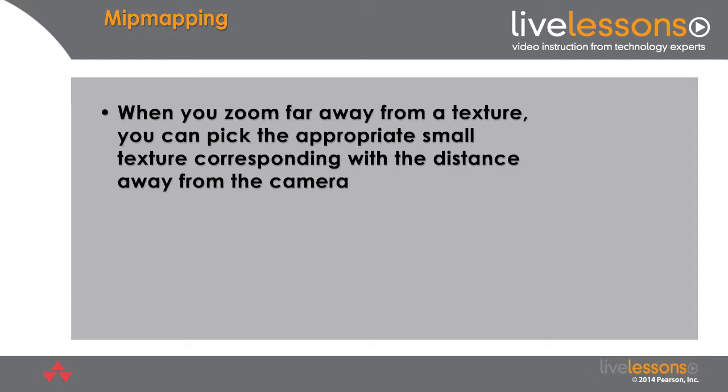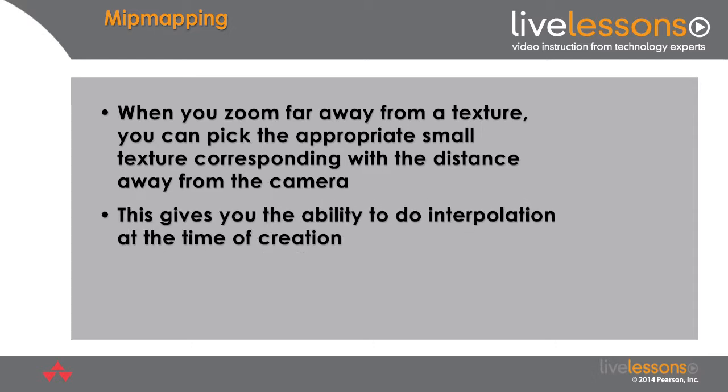But instead of us just blindly or without forethought dropping out texels from the texture, we can do interpolation at the time of creation. Yes, it increases the size of the texture, but we can get some better results when we minify the texture. So that's what mip mapping is all about, is as we get further away from the texture, which mip level do we choose? Mip level 0 is the highest mip level, and the number of mip levels that you have depend on the original resolution of the texture.